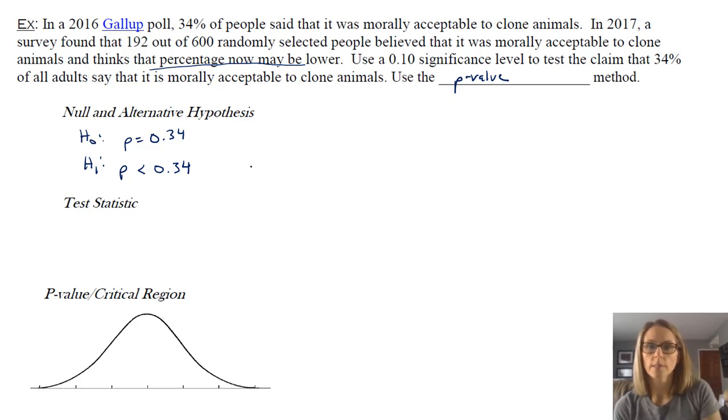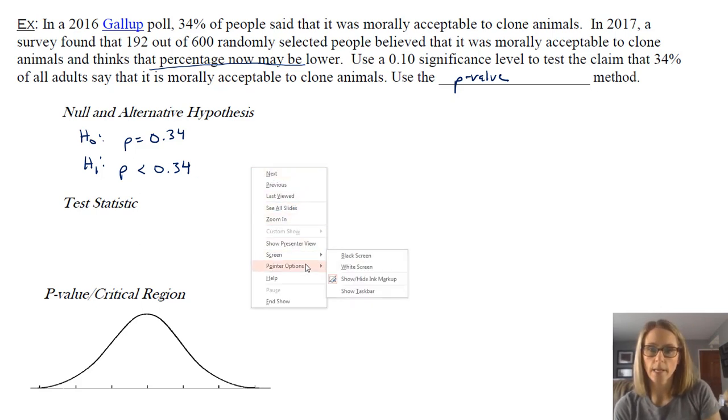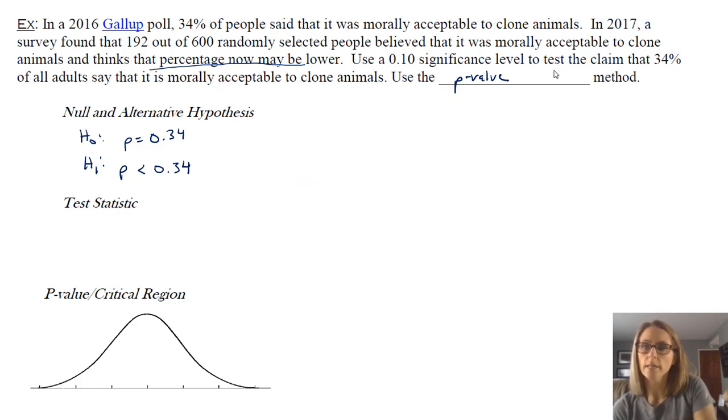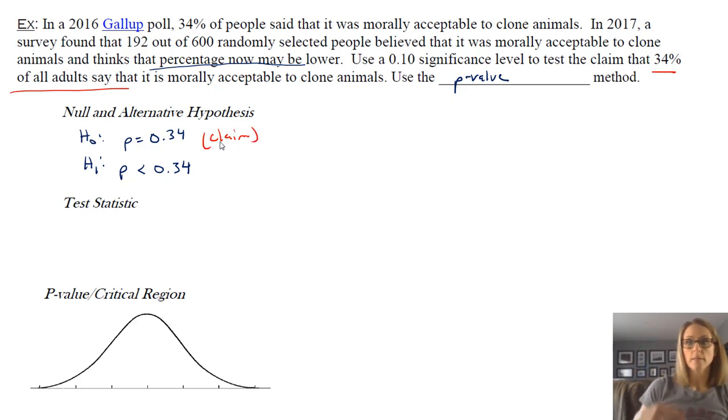And then I want you to notice that in this case, it says test the claim that 34% of adults say that it is morally acceptable to clone animals. So this here is our claim. So notice the claim is that 34%, so that it's equal to 34%.